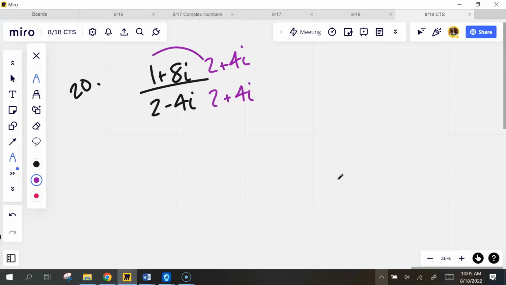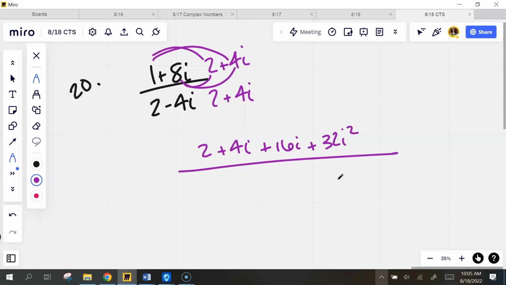So up top, 2 plus 4i plus 16i, 32i squared. 4, these are going to cancel.